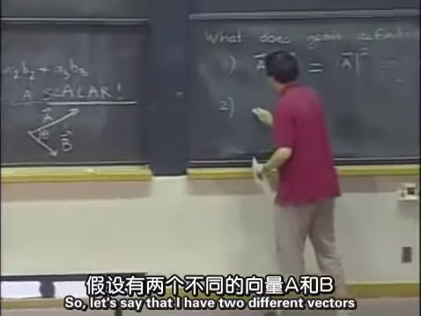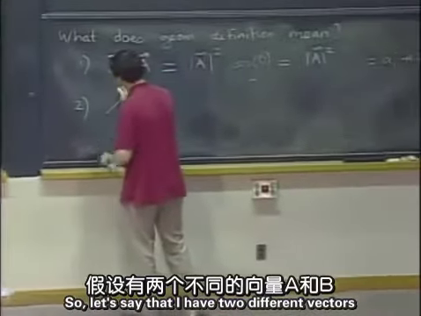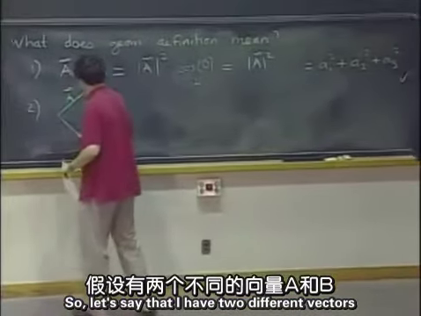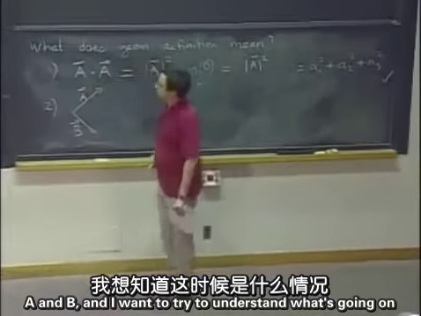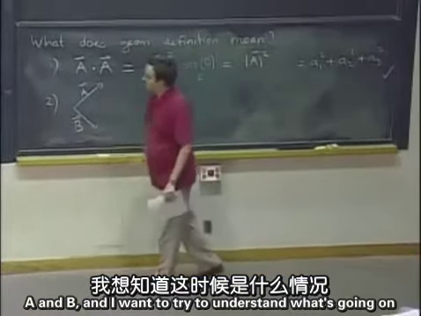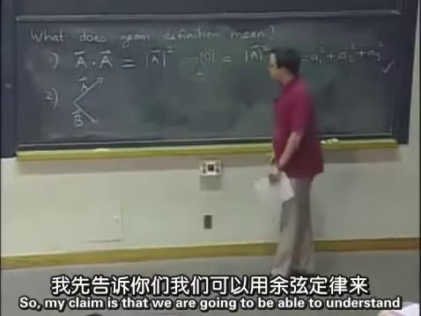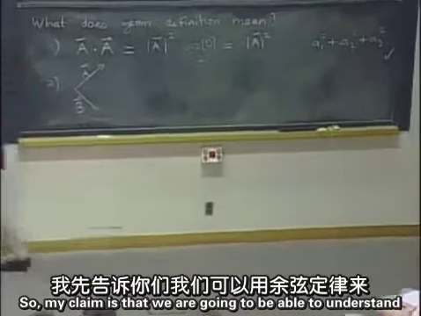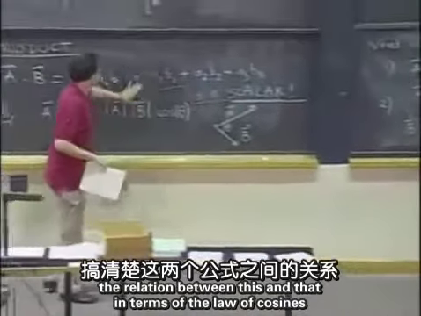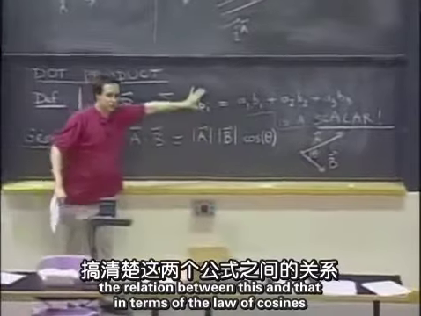So let's say that I have two different vectors, A and B, and I want to try to understand what's going on. My claim is that we are going to be able to understand the relation between this and that in terms of the law of cosines.